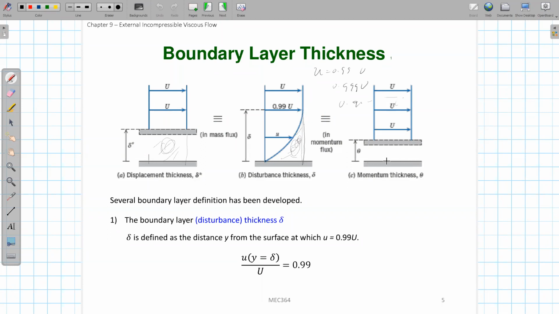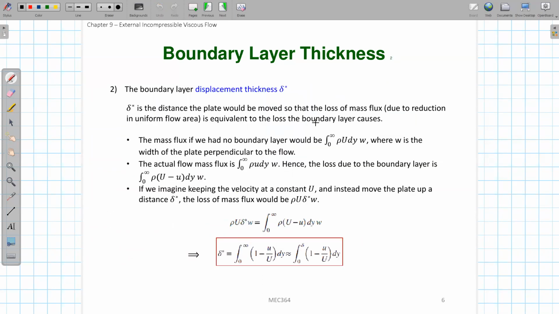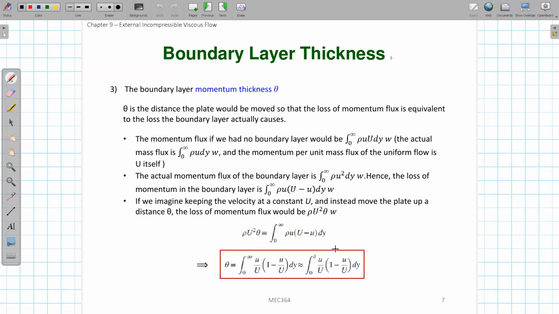If we assume that we also lift this plate in the positive y direction by a small displacement theta, so that this distance rho times u square, this area here will be equal to this rho times large U square here. This is the momentum reduced in this boundary layer. And by that way, we can also define this momentum thickness theta.